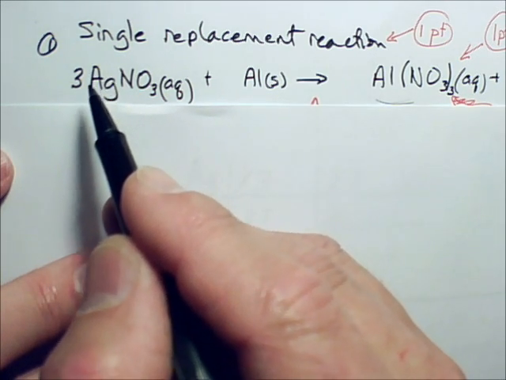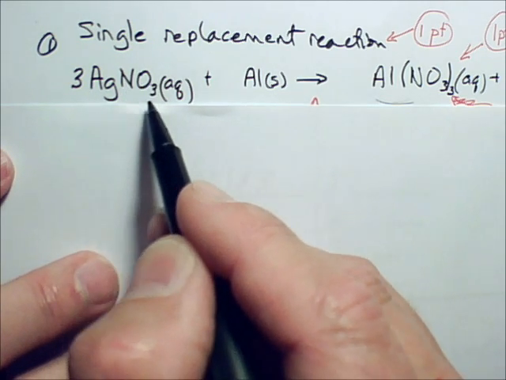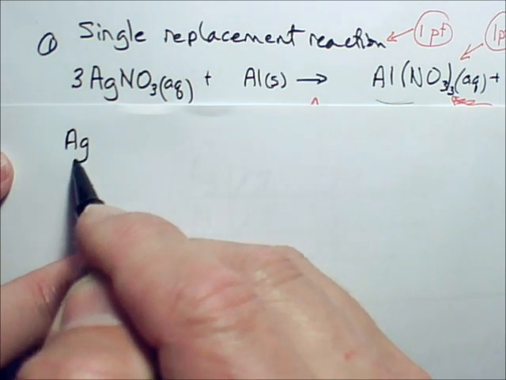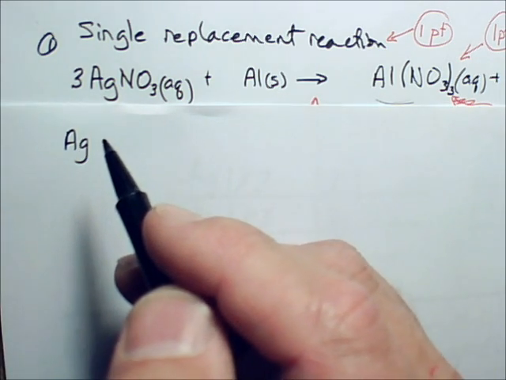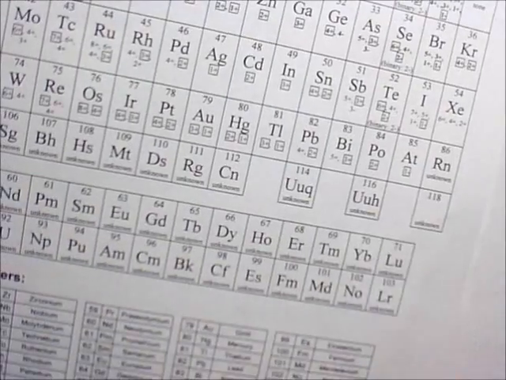There's a silver ion right here. If it's an ionic compound, we have an ion here and an ion here. So we're going to write the separate ions. Silver, we're going to find its charge number. And for that, we'll use the periodic table with oxidation numbers.